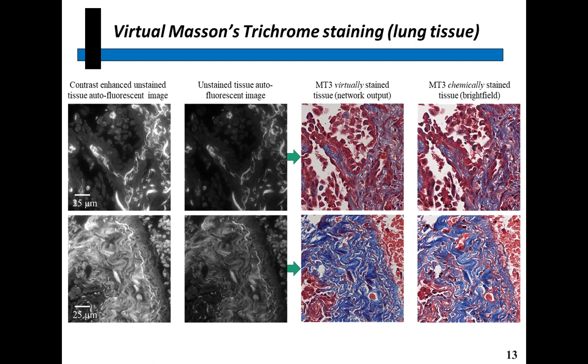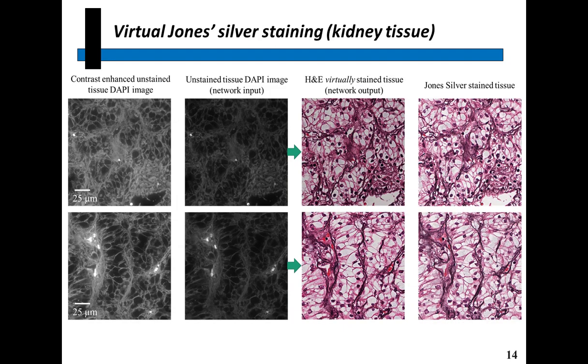So what is extremely special about this framework, this was the first demonstration of special stains. Here is an example of a Masson's trichrome stain for a lung tissue. And again, till now, there has been no demonstration of anything else other than H&E, which is pretty simple to perform, even with pseudo staining techniques.